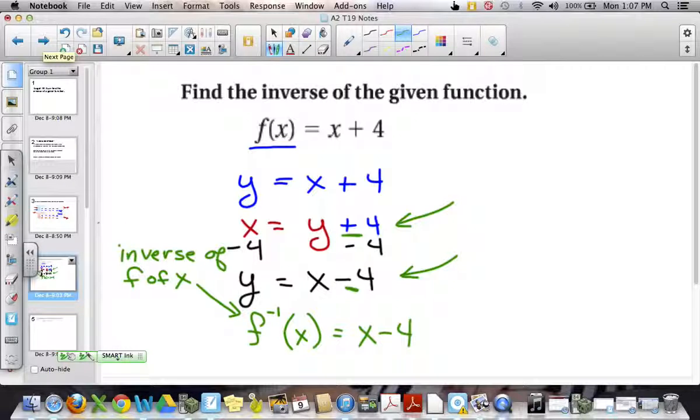That negative 1 power represents inverse, not the actual negative first power. So that would be the inverse of the given function: f inverse of x equals x minus 4.